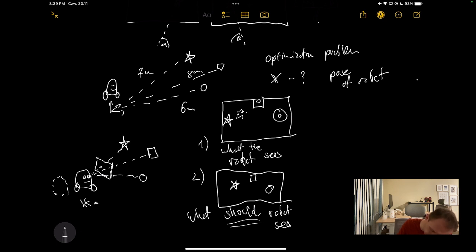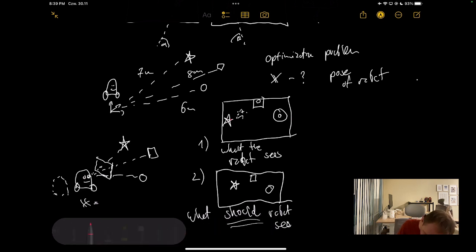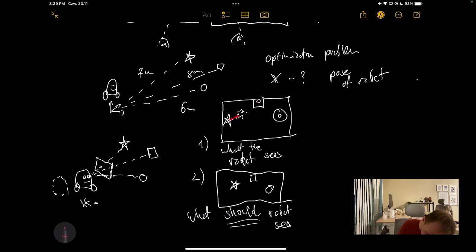And we could try to measure those distances. Maybe I should use a different color. Here's the difference between those. So we predicted to see the star a little bit more to the right and to the center, but in fact we see it here.